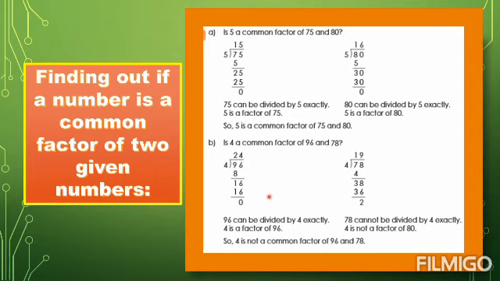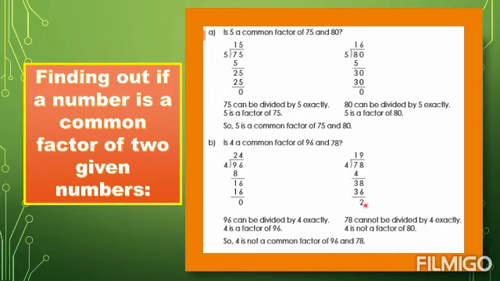The other side now, we have 78 divided by 4. Let's start from 7. 7 divided by 4 equals 1. 1 times 4 equals 4. So 7 minus 4 equals 3. Bring down 8. So 38 divided by 4 equals 9. 9 times 4 equals 36. So 38 minus 36 equals 2. Now, question, class: is 4 a factor of 78?